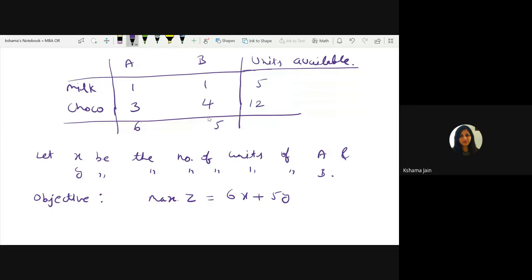I am getting profit of 6 rupees in selling A chocolate, and total chocolates of A are X, I have assumed. So total profit of A will be 6X, and total profit in chocolate B will be 5Y. And since I'm selling both chocolates A and B, the total profit will be the addition of them. So 6X plus 5Y. Clear?